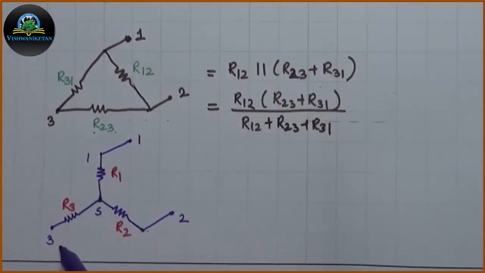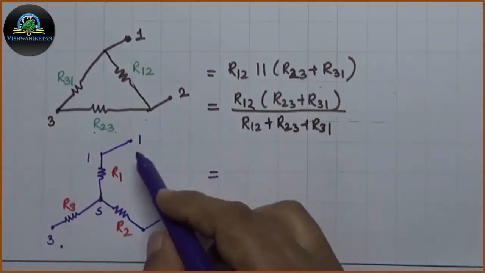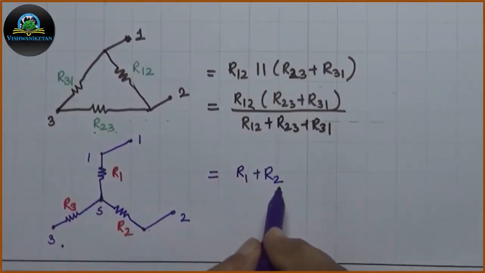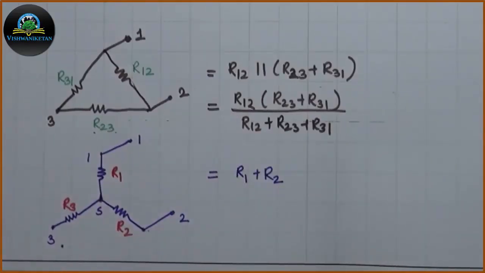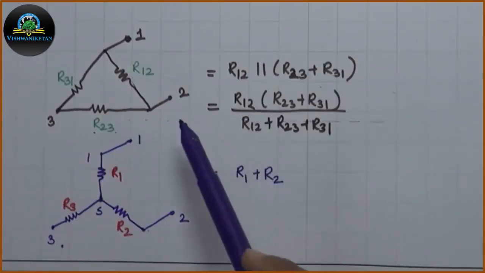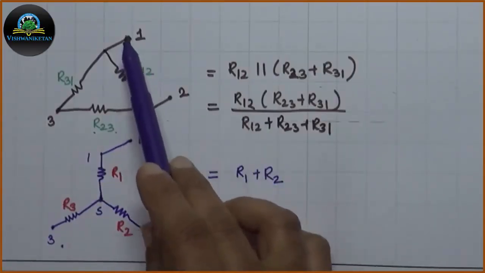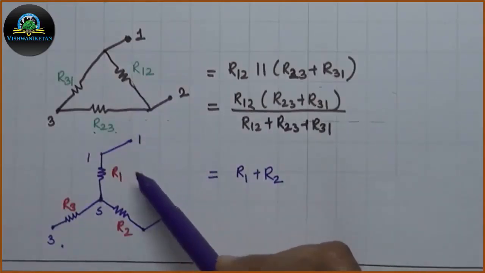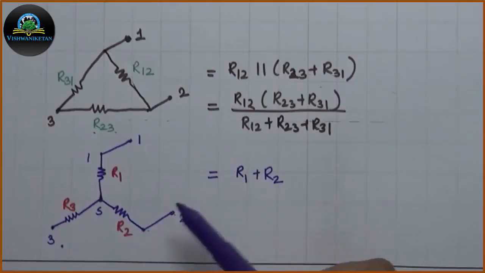As R3 is not connected to either 1 or 2, resistance between 1 and 2 is given by R1 plus R2. Since the two networks are electrically equivalent, we can write that the resistance between terminal 1 and 2 for delta and for star are equal.